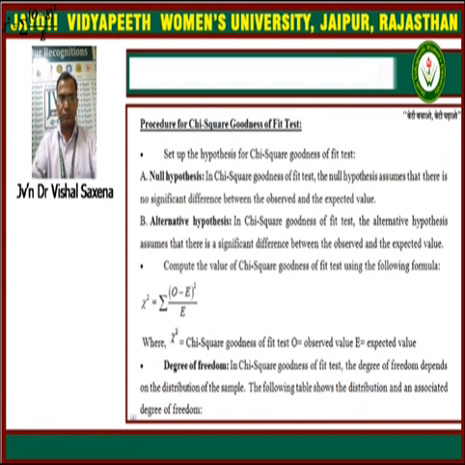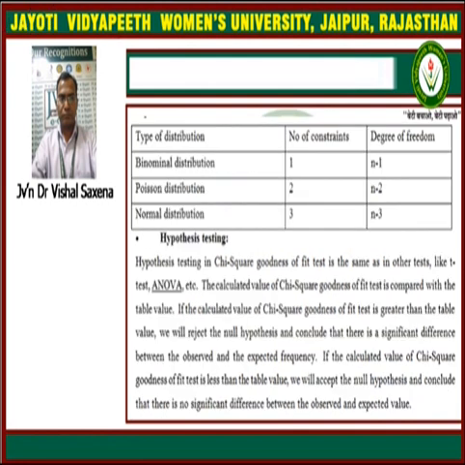The chi-square statistic is given by summation of O minus E whole square upon E. According to the degrees of freedom, the chi-square distribution table can be used for the binomial, Poisson and normal distributions, with the number of constraints 1, 2, 3.